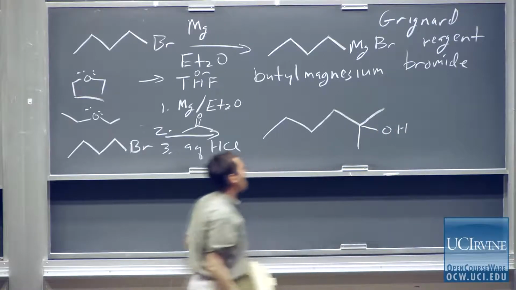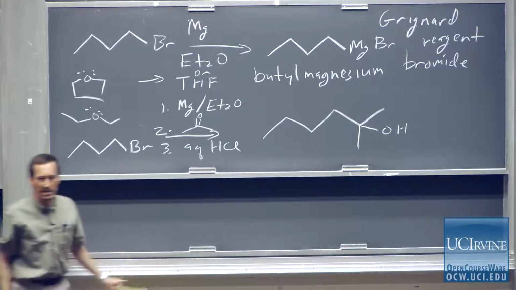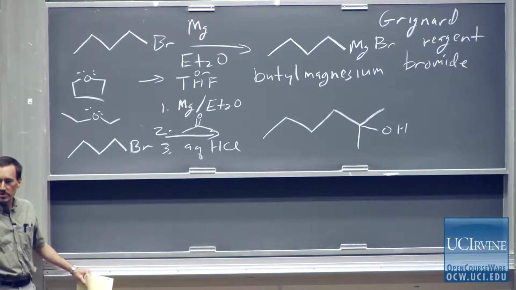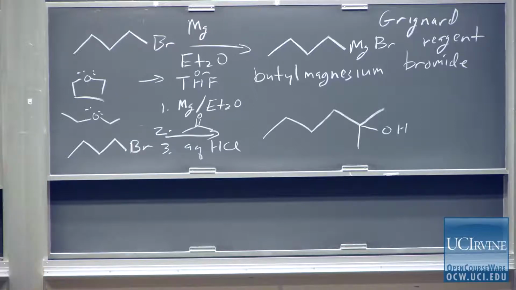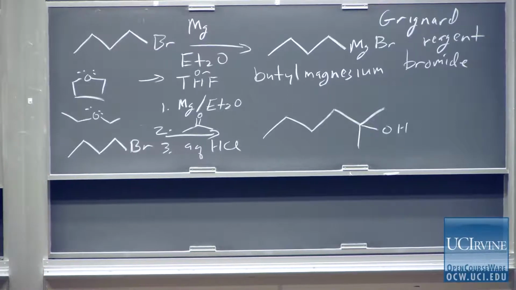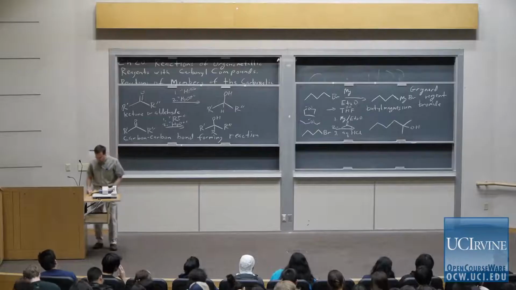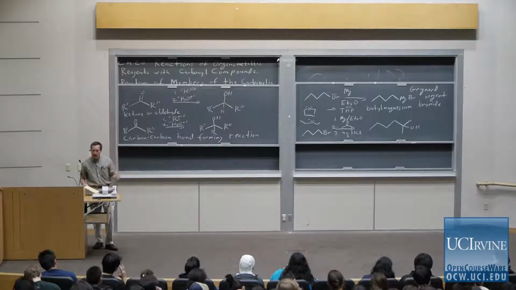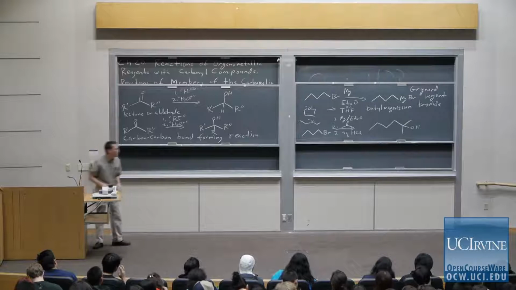If you wanted to name the compound, we've now formed a 6-carbon chain. So it's 2-methyl-2-hexanol as our product. So this is very powerful because now we've taken some small compounds that you can buy and we've made a more complex molecule that you might not be able to buy.